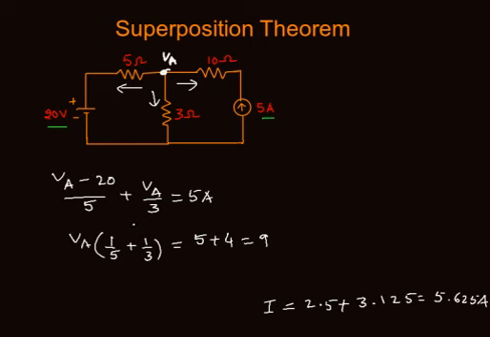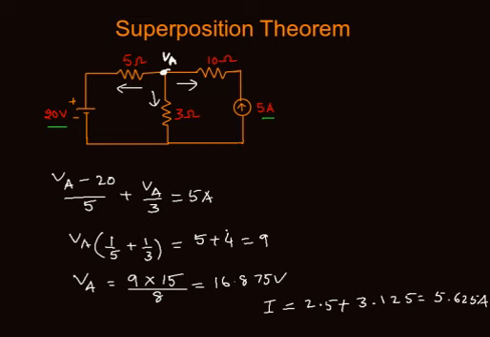This is 20 by 5, so it goes to that side as 5 plus 4. So VA is equal to 9 into 15 by 8, taking the LCM of 5 and 3, which gives 16.875 volts.